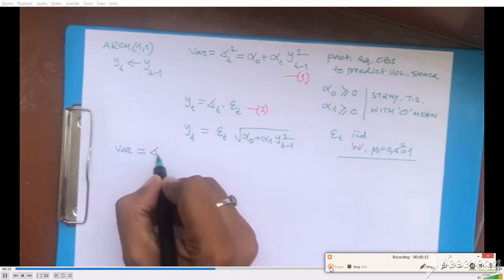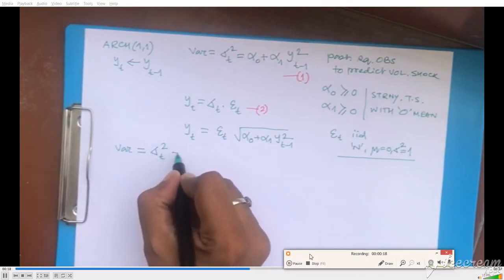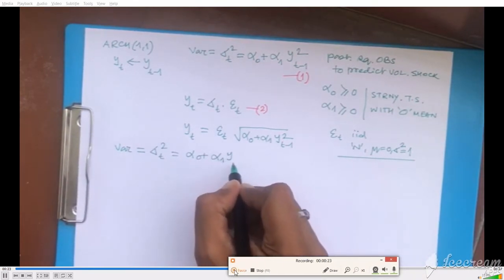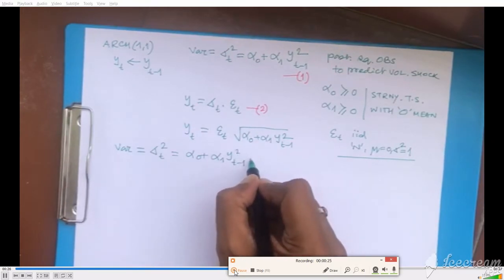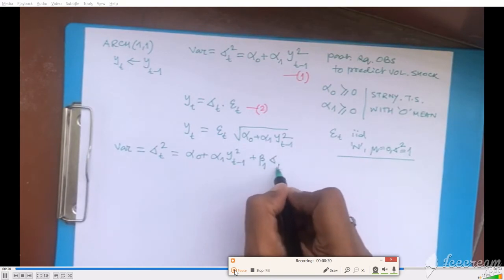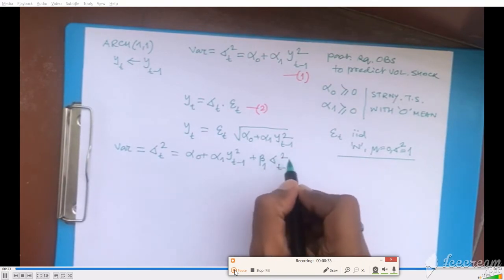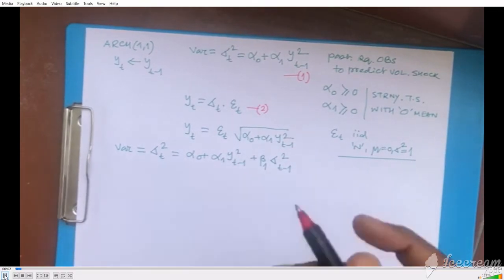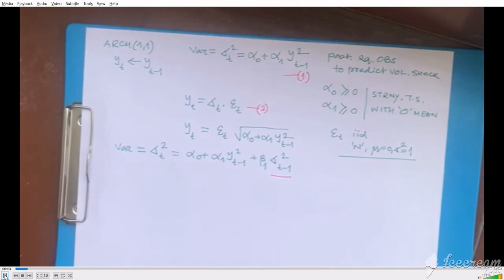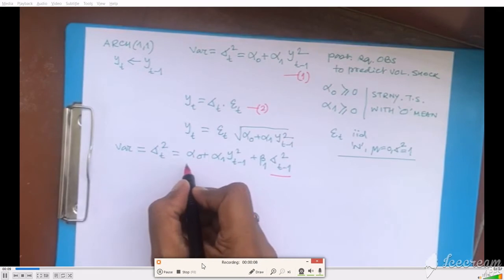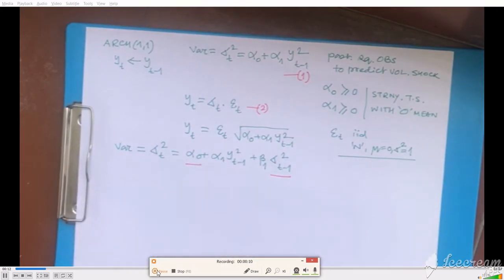So the calculation of sigma t square for a GARCH process is alpha 0 plus alpha 1 yt minus 1 square plus beta 1, that's another coefficient, of sigma t minus 1 square. So this sigma t minus 1 square is the addition in the GARCH(1,1) model, and alpha 0 is the intercept of the model. That addition is very interesting.